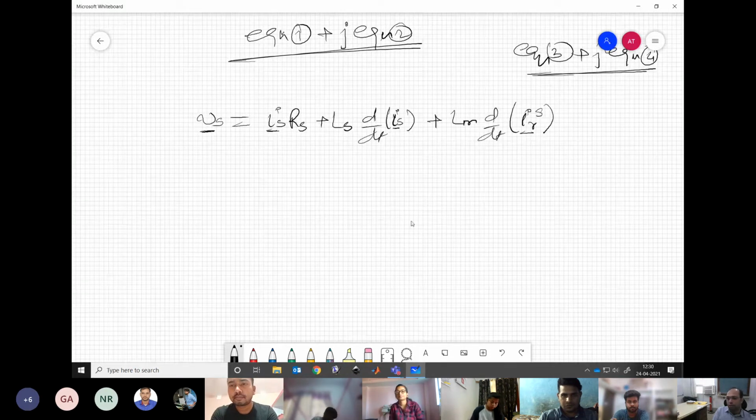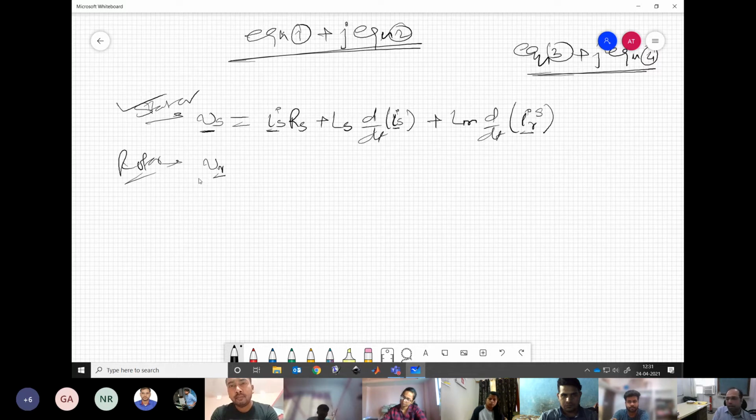This is the first equation. This is stator equation and this is your rotor equation. And we know that stator equation is in stator reference frame. Rotor equation is in rotor reference frame. So always we write in the native reference frame.